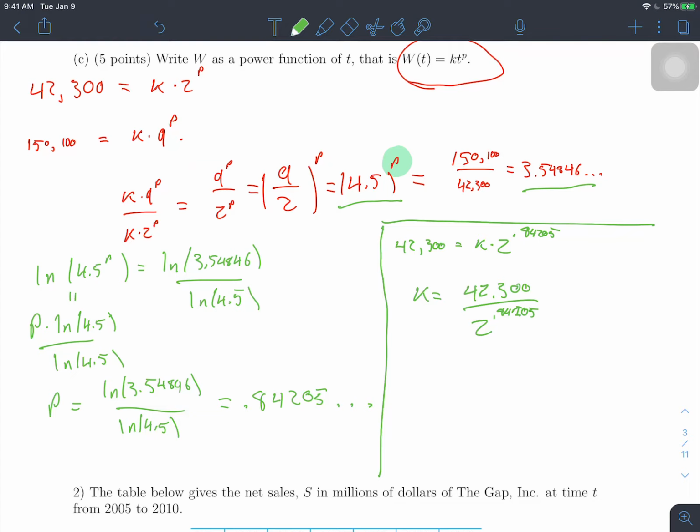Okay, so 2 to the power, previous answer. Now we take 42,300 and divide by that. Getting 23,597.01083.